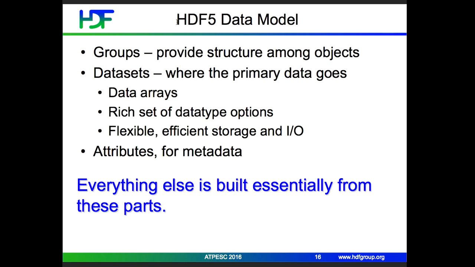Okay, maybe it's the right time for a quick recap. It was mentioned in the video already. The HDF data model is actually very simple, and I think the simplicity is part of why it's successful. It doesn't mean that complex things can't be successful, but there's a better chance, I think, that simple things will be successful.